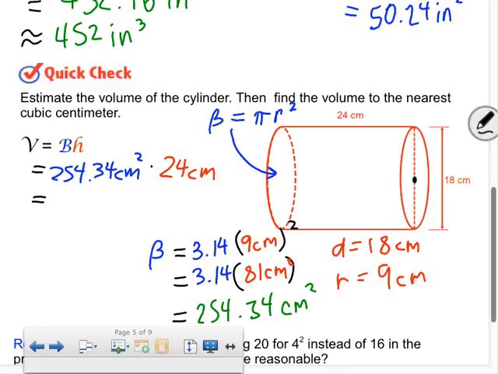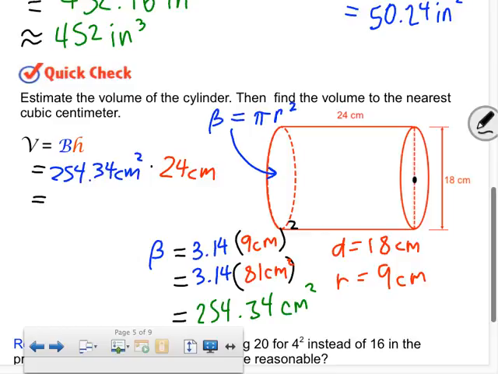You guys go ahead and multiply that out. You got it? 530, 460.